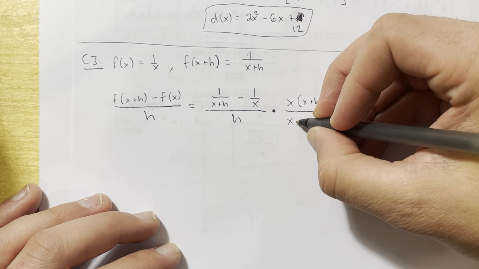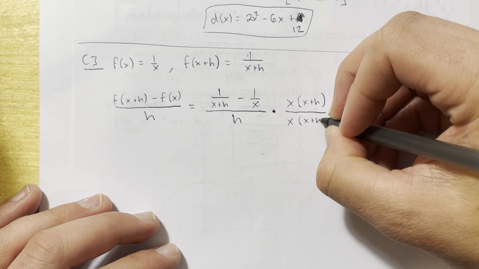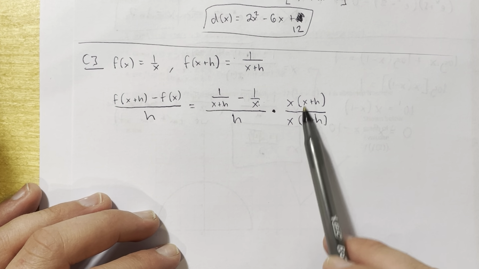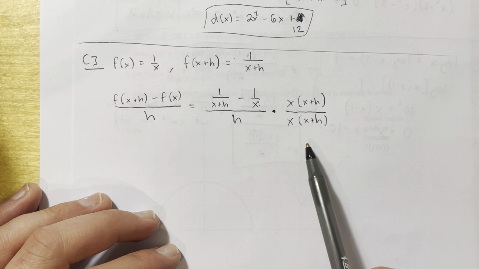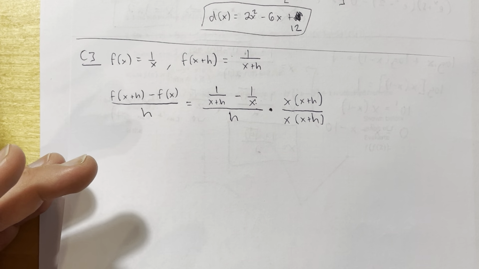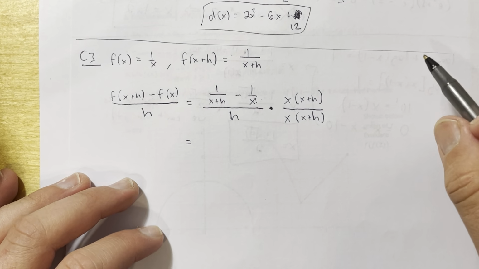And if I multiply this by x times x plus h over itself, that's the equivalent of multiplying this expression by 1. This is the same thing as 1. And we know that that's okay to do because multiplying something by 1 doesn't change it, okay? But it does offer a way of simplifying things.